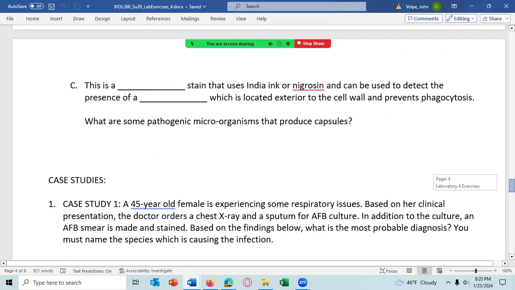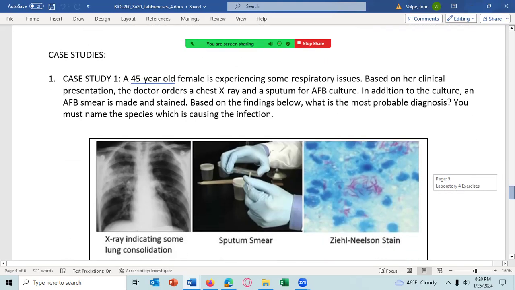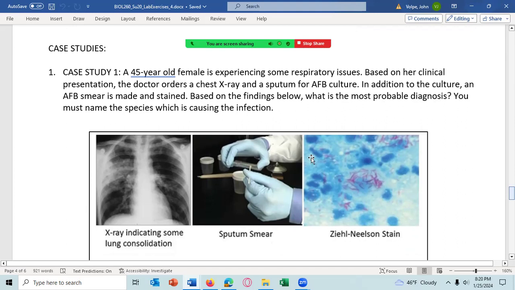When we're done with those questions, we have 2 case studies to answer. A 45-year-old female is experiencing respiratory issues. Based on her clinical presentation, the doctor orders a chest x-ray and then a sputum for acid-fast bacterial culture.